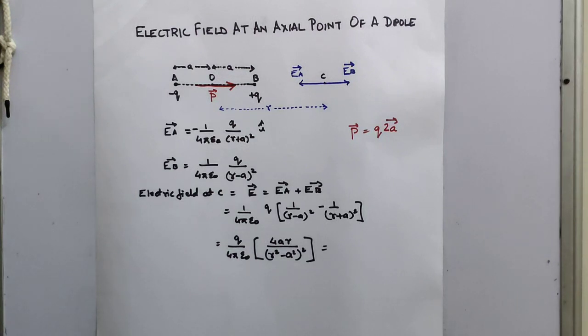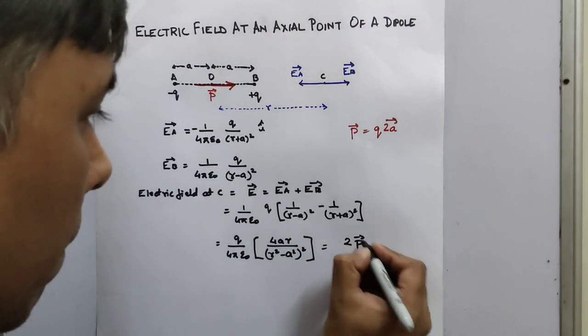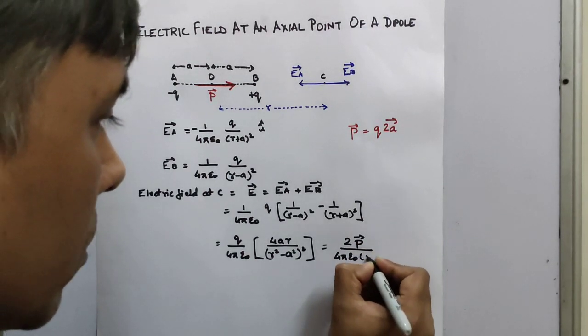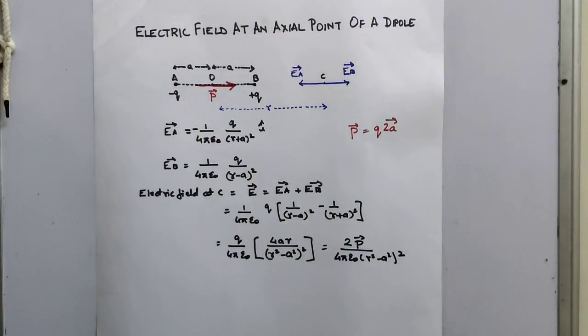So I can write the same formula in terms of dipole moment as 2p upon 4 pi epsilon naught R square minus A square whole square.